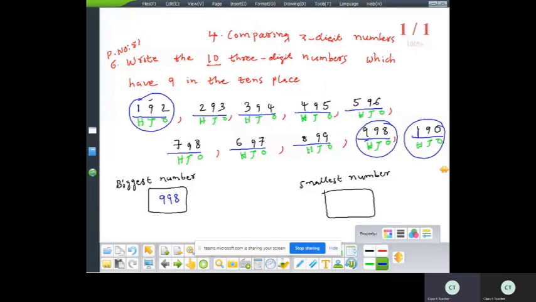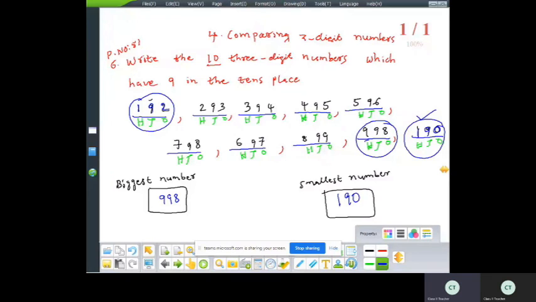The digit in 10th place is 9. Here 9. Both are same. Next we compare the digit in ones place. Ones place is 2, here 0. From 2 and 0, 0 is the smallest one. Then 190 is the smallest number.